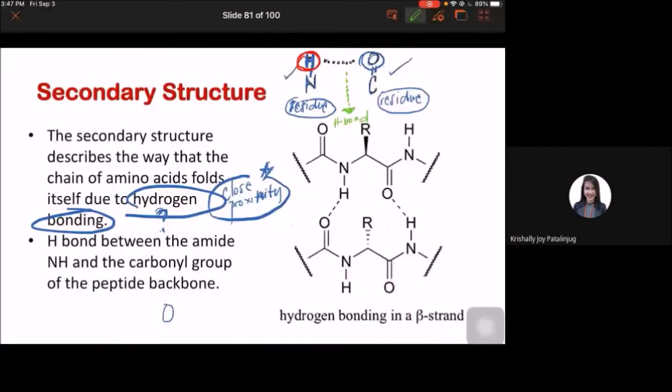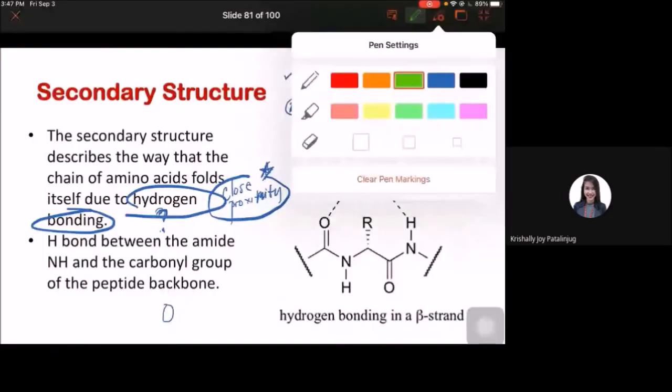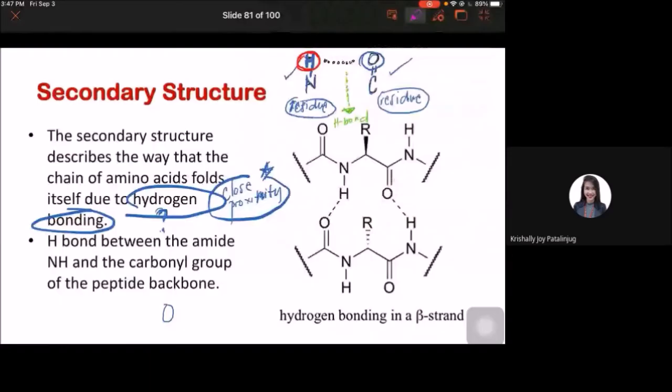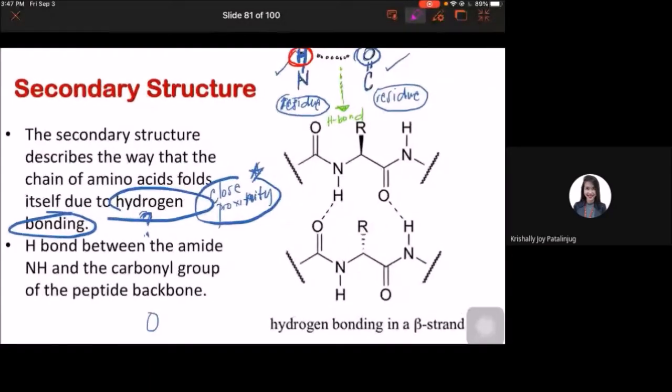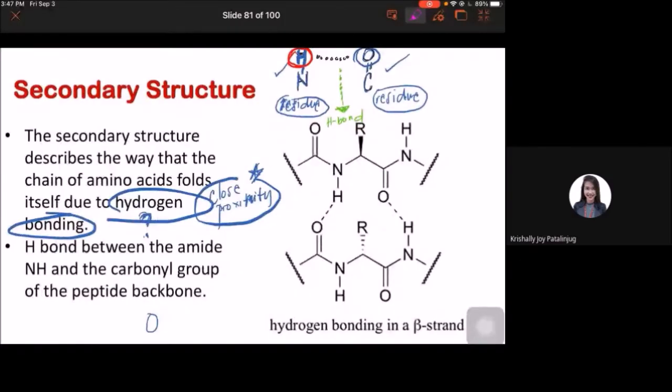That is why, if you check the sample illustration on the right side of your screen, here is the amide NH.